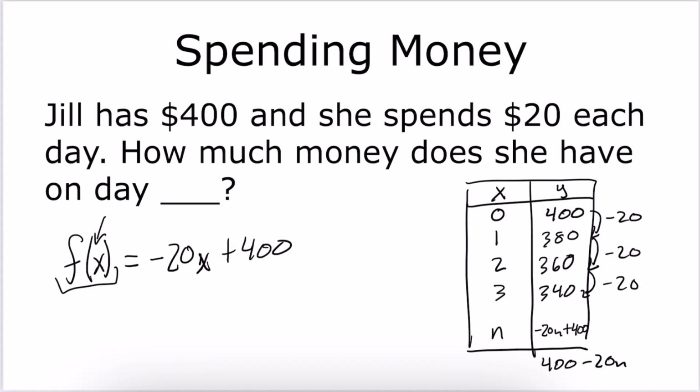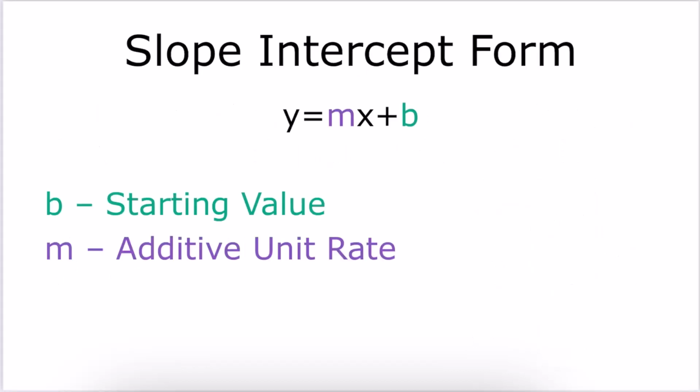And one of the common ways that linear functions are represented in equation form is called slope-intercept form. You probably have heard of this in previous algebra classes. And basically the idea of slope-intercept form is that the b value, or the number that's added to the end of the equation, is your starting value.